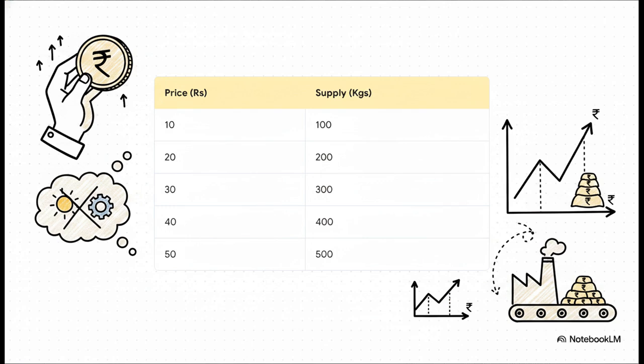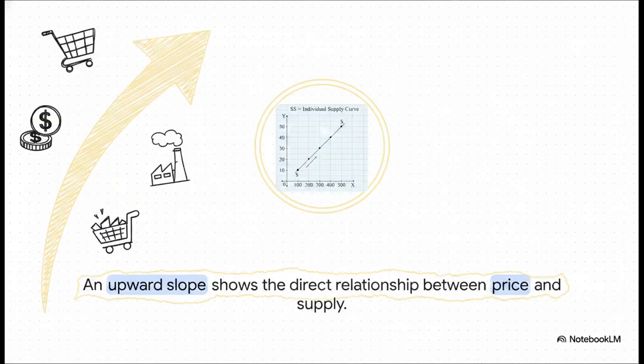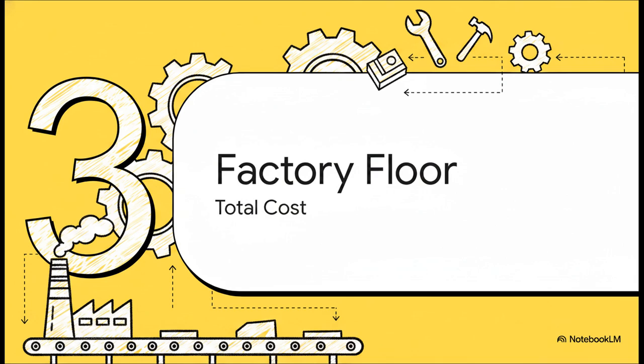But if you bump that price all the way up to 50 rupees, the quantity supplied jumps to 500 kilos. It's a huge difference. And when we actually plot those numbers out, we get this really clear upward sloping line. It visualizes Marshall's law perfectly, showing us that higher prices absolutely incentivize sellers to offer more, while lower prices, well, they result in less.